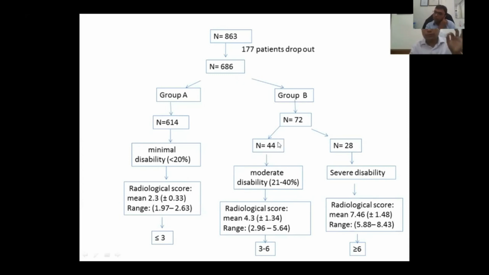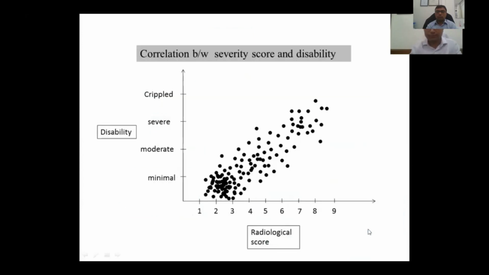Out of those 72, 44 patients have a moderate disability, and in the majority of them the radiological score ranges between 3 and 6. The 28 patients with severe disability had a radiological score between 6 and 9.